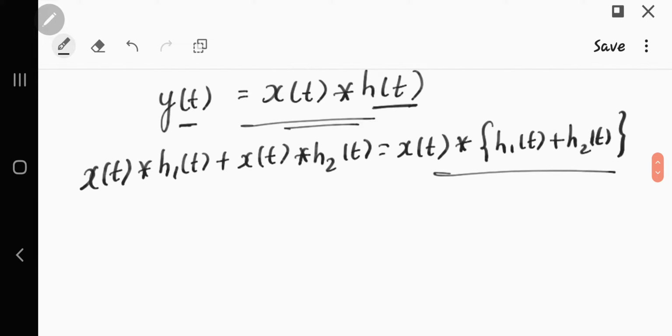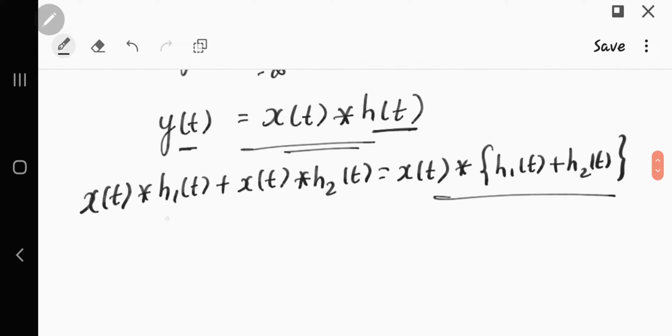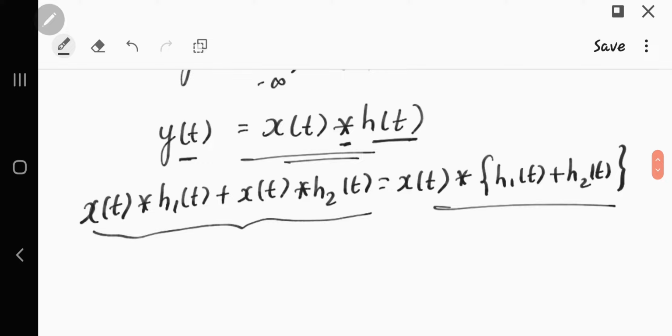Now, this expression we substituted the values here, and we say that the convolution possesses the distributive property. So, that means when two LTI systems having impulse responses are connected in parallel, then the system will possess the distributive property.